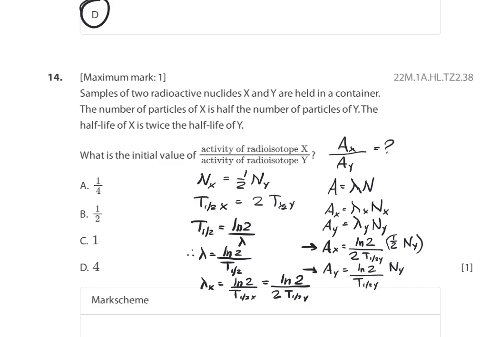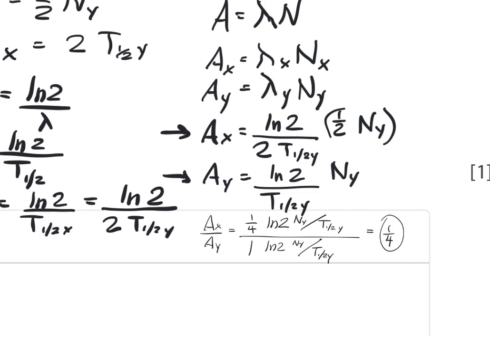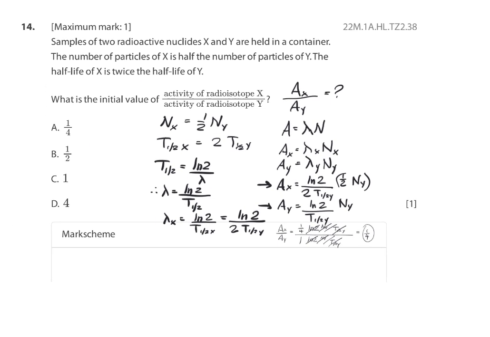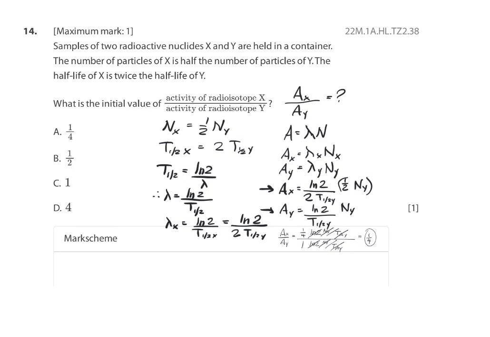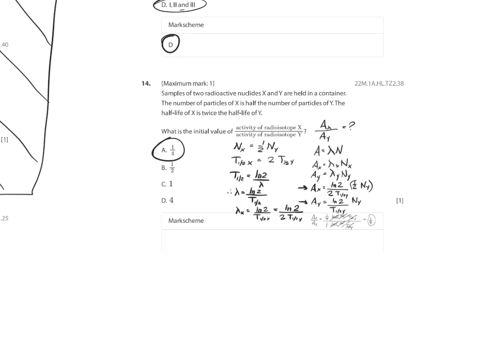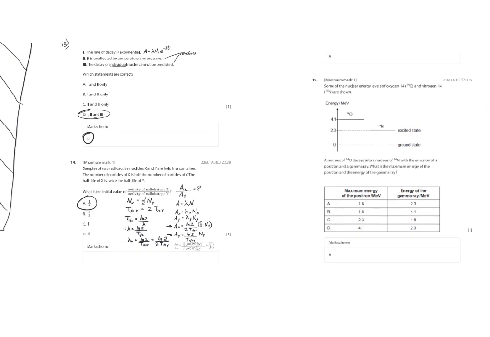And so I can divide them up and we can start isolating. If we eliminate natural log of 2, the count of y, and the half-life of y, we get 1/4 over 1, which is 1/4. And so the activity of x over the activity of y should be 1/4, which matches up with the mark scheme, which is strangely over here.